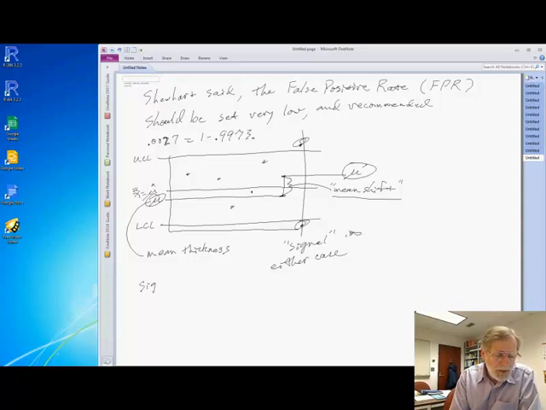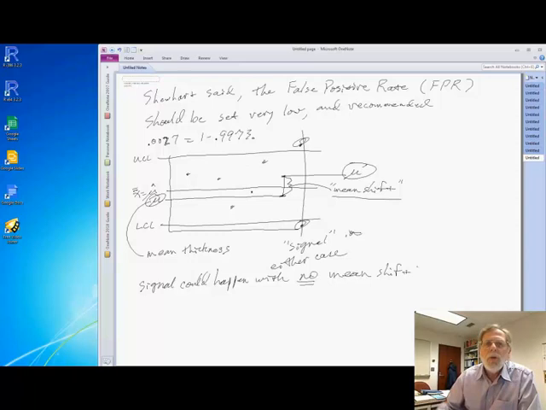So you could get a signal with no mean shift. Why? Well, because we're assuming a normal distribution for x bar, and values in the tails, either extreme values this way or extreme values this way, are entirely possible. They're not likely, but they're not impossible.